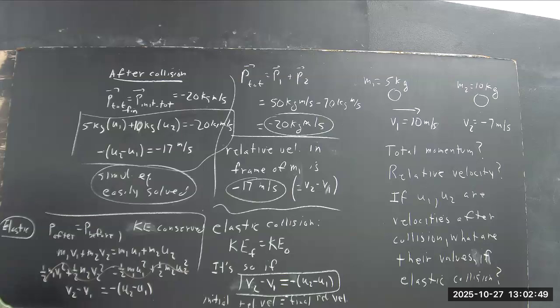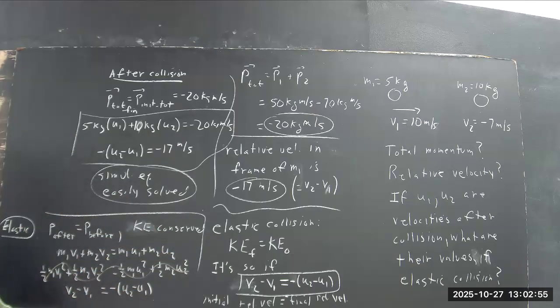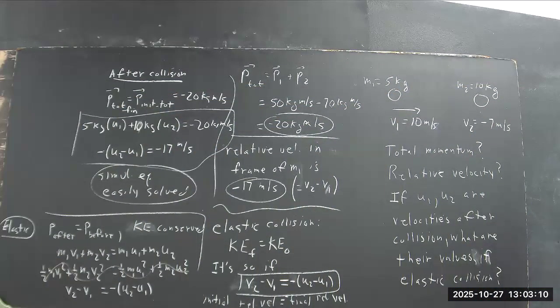And that's a whole heck of a lot easier than trying to solve when you got U1 squared and U2 squared, V1 squared and V2 squared, okay? Makes sense? That's how you do an elastic collision. Now you can look back at what we did last time also and see that we essentially did the same thing, but I didn't write it out in all its gory detail.